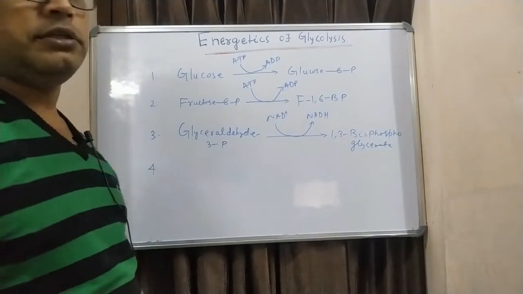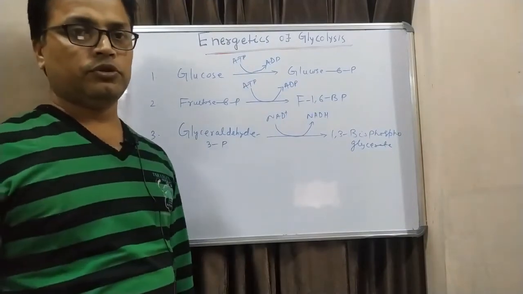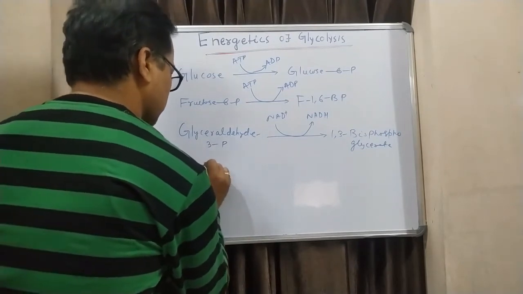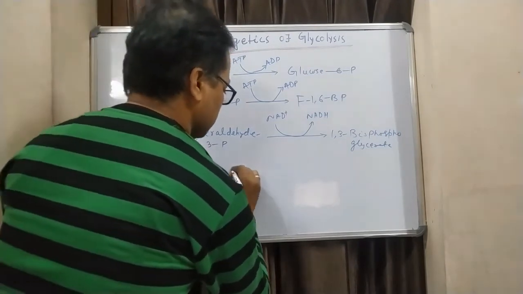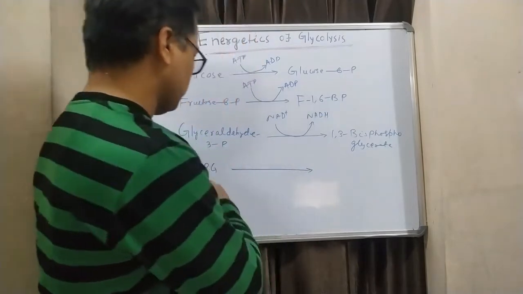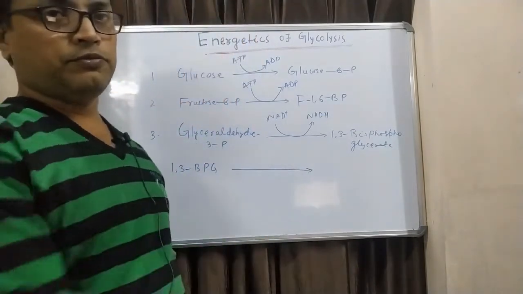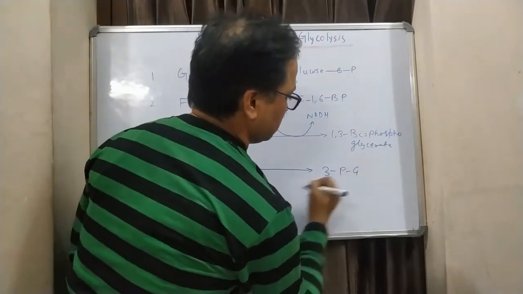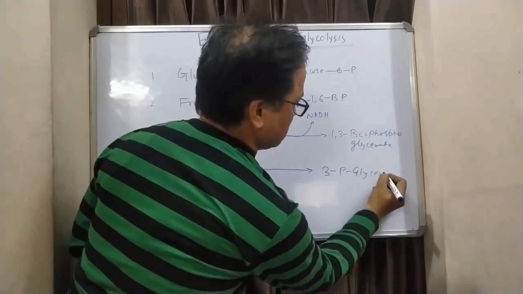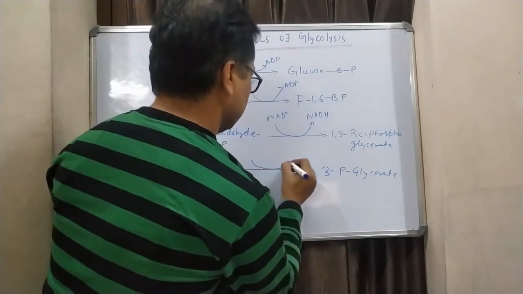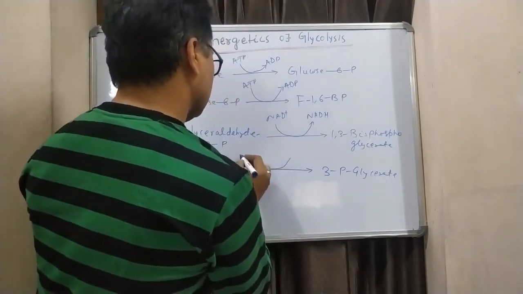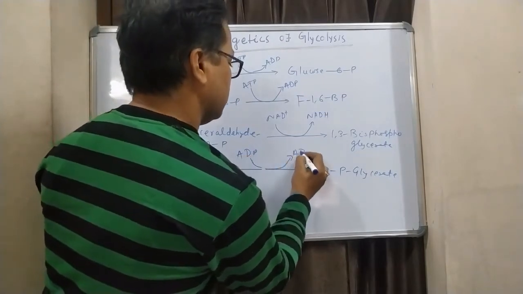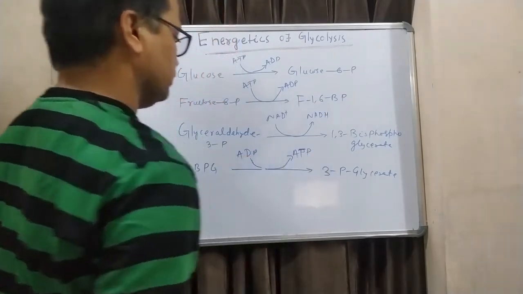The fourth step where ATP is produced is where 1,3-bisphosphoglycerate loses one phosphate and is converted to 3-phosphoglycerate. There ADP was used and ATP was produced.